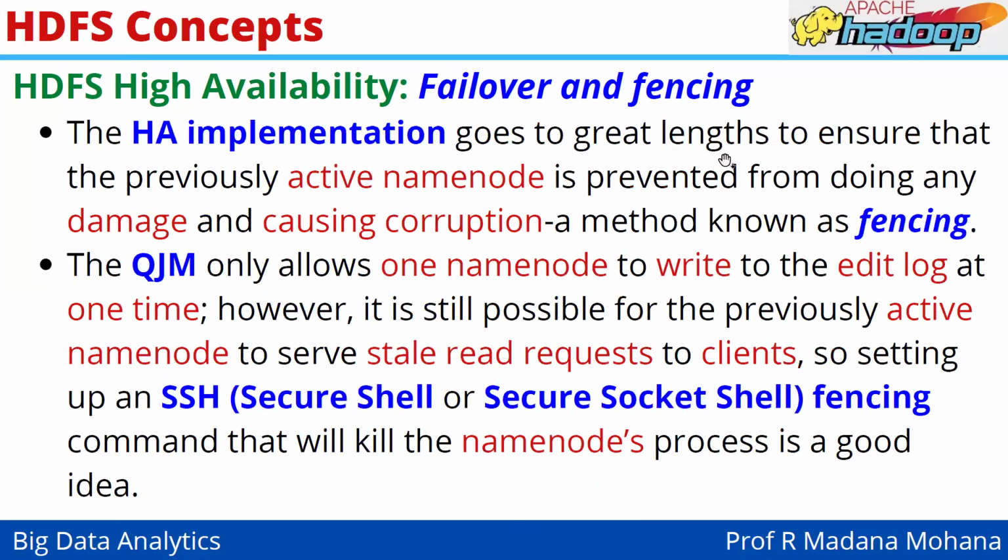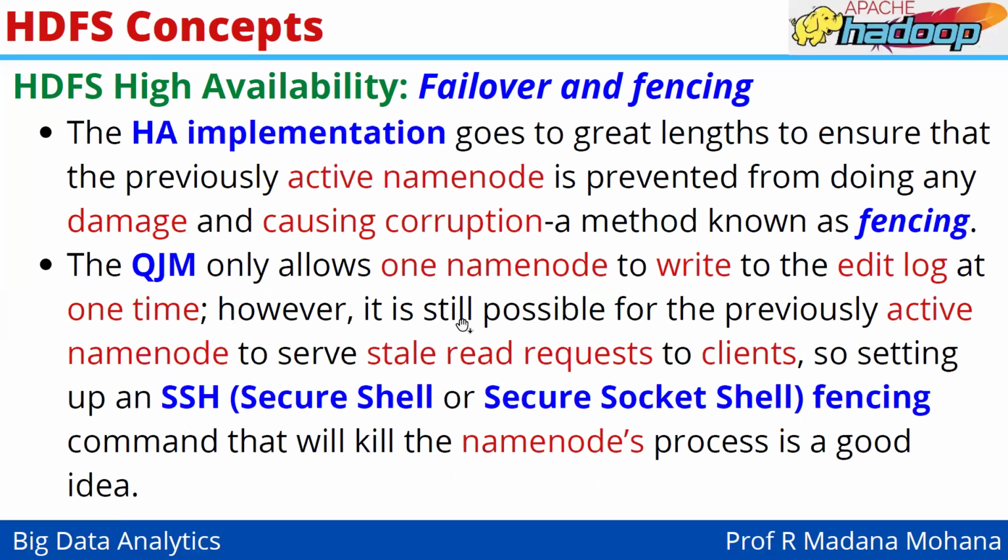Then the high availability implementation goes to great lengths to ensure that the previously active name node is prevented from doing any damage and causing corruption, a method known as fencing. The Quorum Journal Manager only allows one name node to write to the edit log at one time.